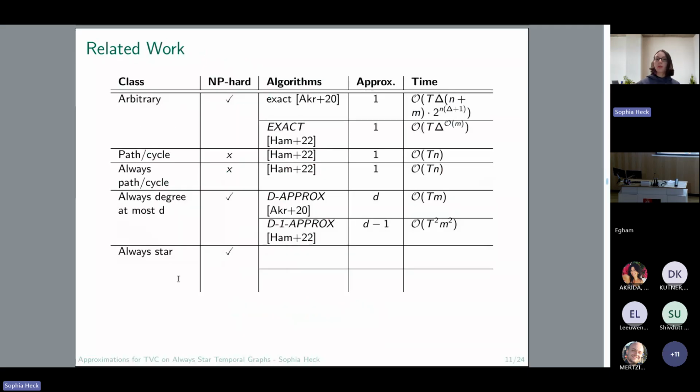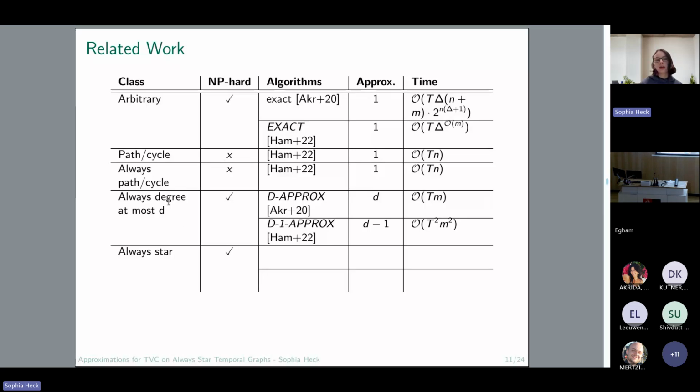There has been quite some work done by Egrida et al. and also by Ham et al. in the past on the sliding window temporal vertex cover. Most problems are known to be NP-hard. However, if we restrict the classes to underlying or always path, there are polynomial time algorithms.